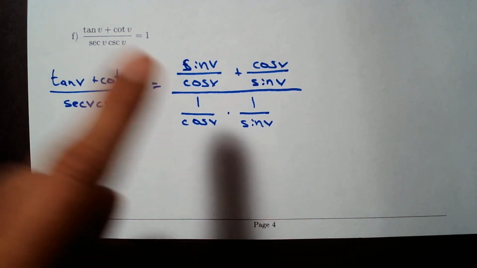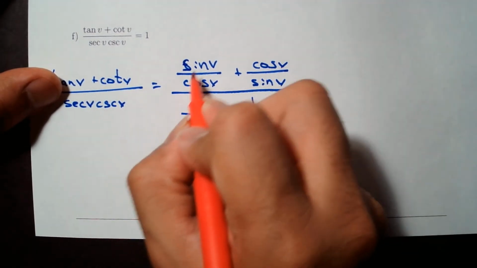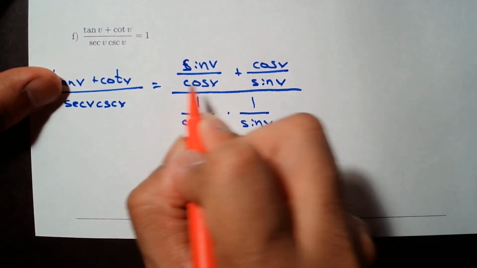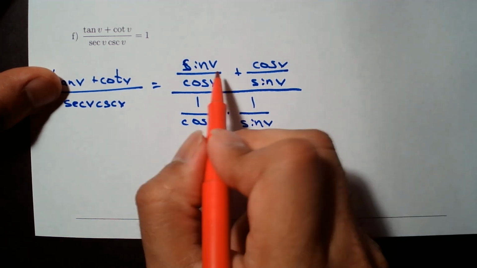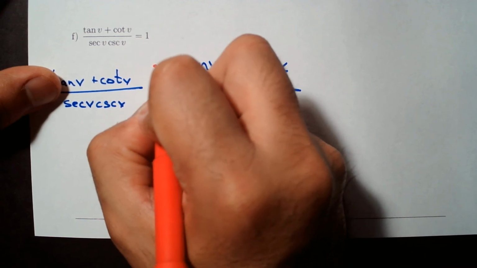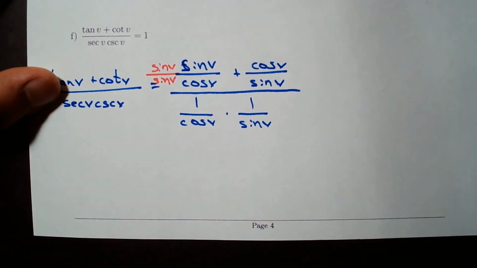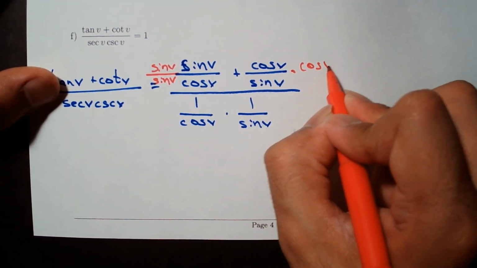Well, number one, in the numerator, I would like to combine these two fractions together so we can perform a division first. So first we combine this into a single fraction, and we multiply by sine in the numerator and the denominator. For the second fraction, I'm going to multiply by cosine.